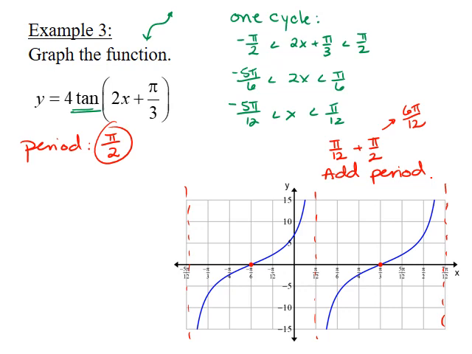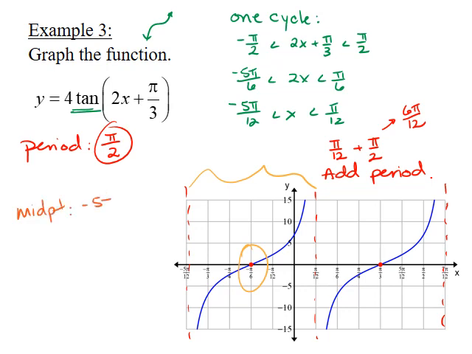Okay. Now we may also have trouble coming up with the middle point. So remember, really what we're just doing here is finding the average between the asymptotes. So to find the midpoint, I'm just going to take the average.